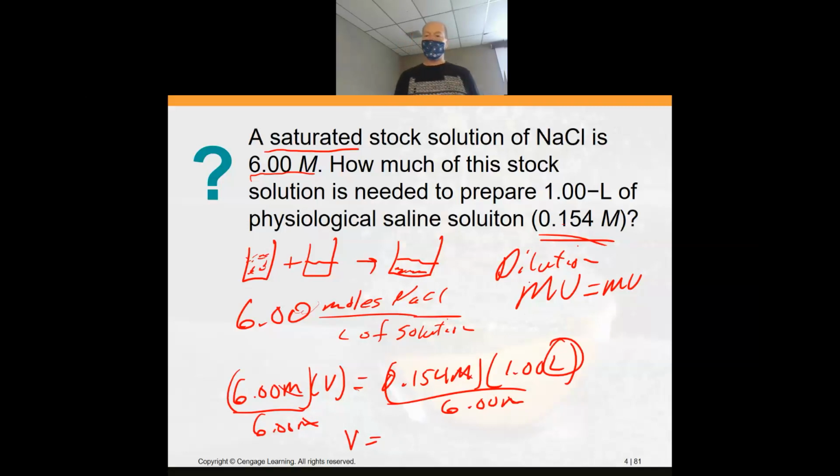So the molarities cancel here, the molarities cancel here, and now you've got your volume in liters. The molarity is always moles per liter. The volume can be any units, but they have to be the same. So when you take your 0.154 and divide it by 6, you get 0.0257.